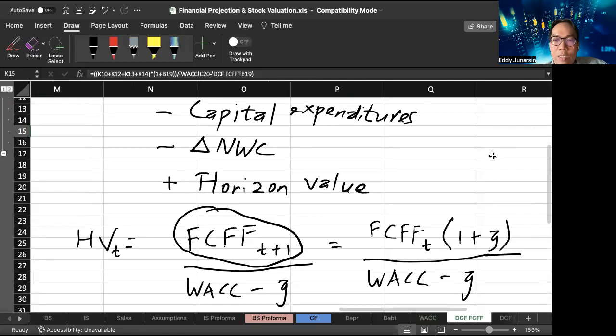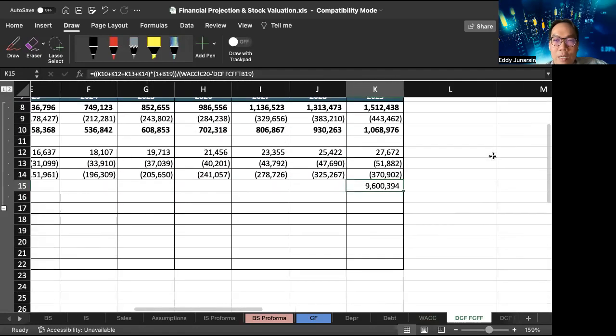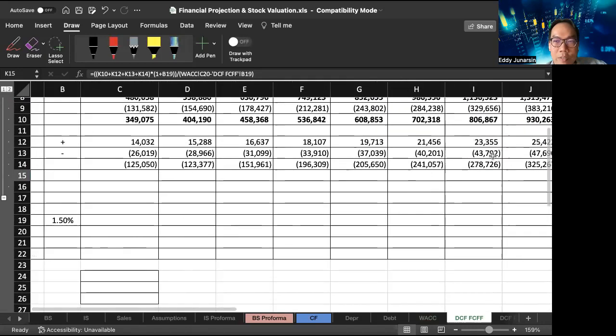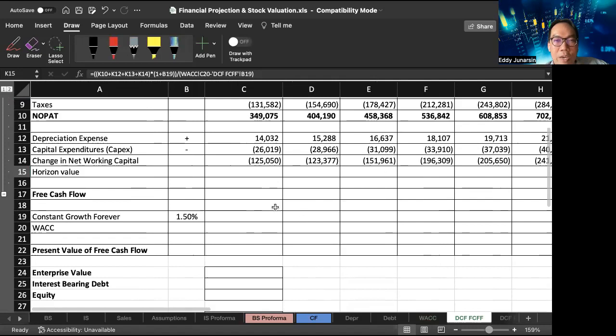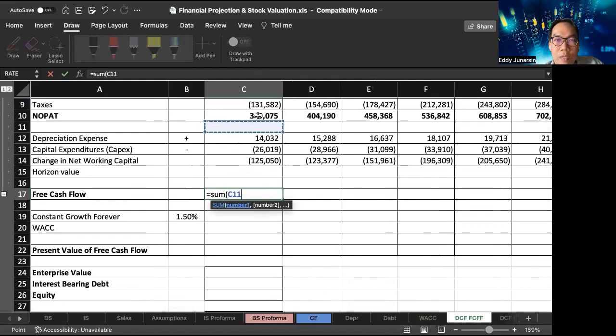The next cash flow divided by the WACC, the cost of capital, minus the constant growth rate forever. Okay, then free cash flow, and this is the sum of NOPAT. Okay, NOPAT, we'll add back depreciation expense minus capex minus the change in net working capital plus horizon value.